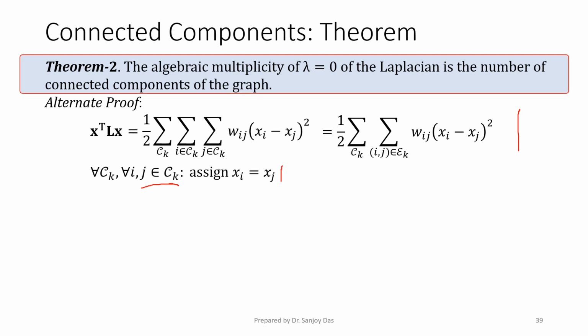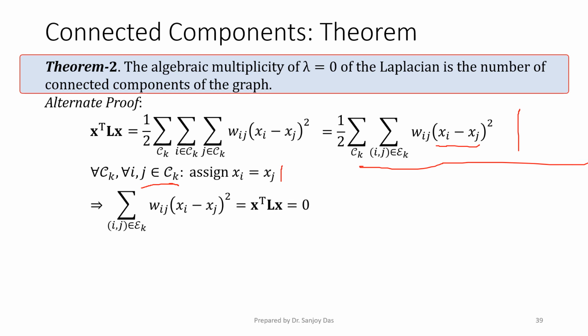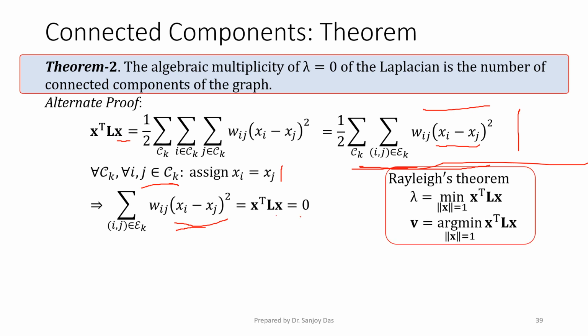So as long as within each component xi equals xj, this entire double summation vanishes. So for every connected component Ck, if we assign xi equals xj, this becomes 0, whence the entire x transpose Lx becomes equal to 0.